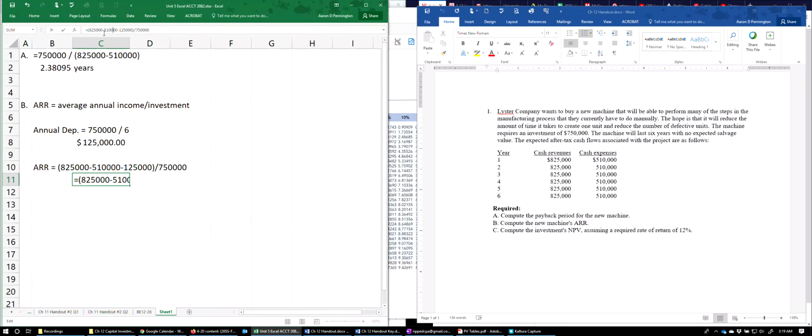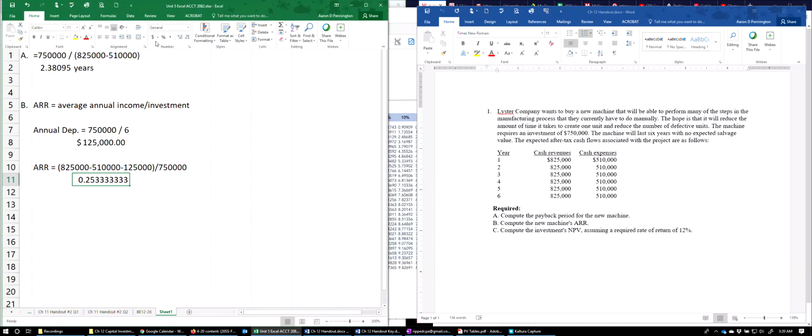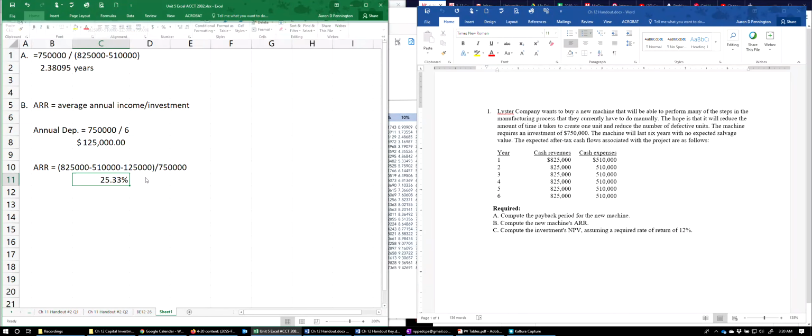So we'll compute this. And what we get, we want to think of as a percentage. And so your accounting rate of return is 25.33%, which is a good rate of return.